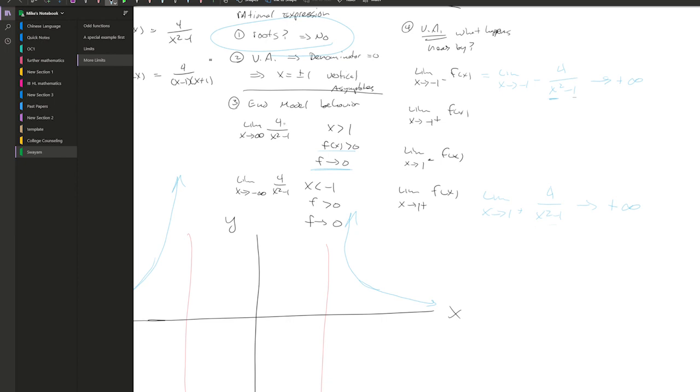And so now I need to figure out what happens here. And we find out that this is the limit as x goes to negative 1 from above of 4 over x squared minus 1. And these things here are numbers that are smaller than 1, but bigger than negative 1, because we're on the negative side of things.